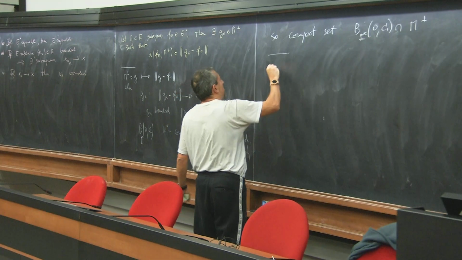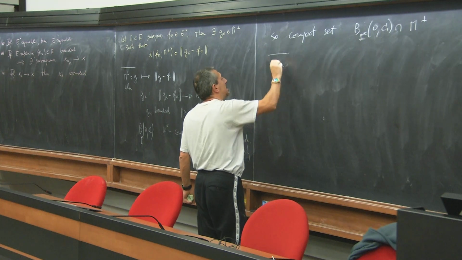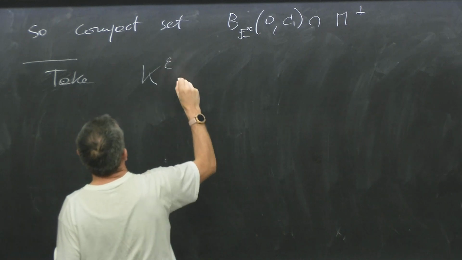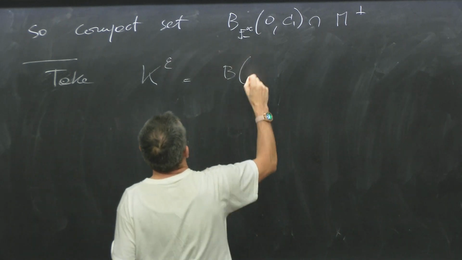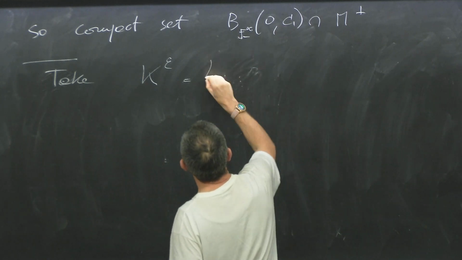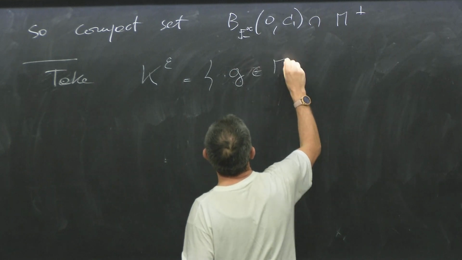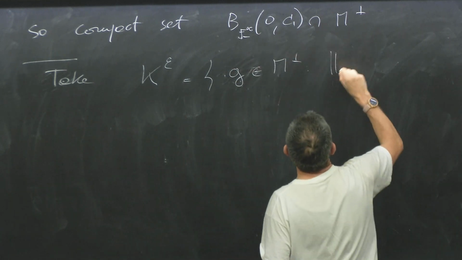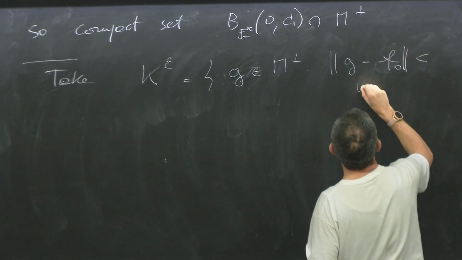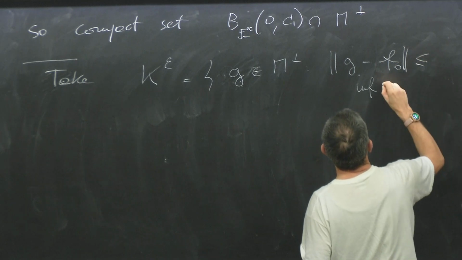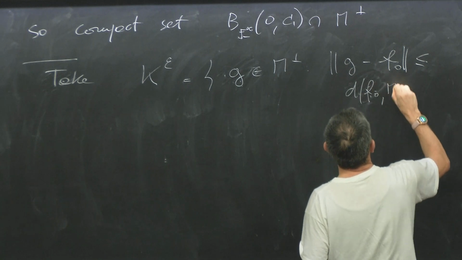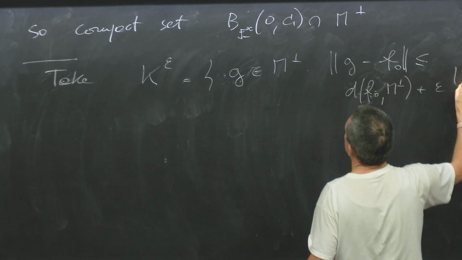So if G_n, take a compact set, let's say K_epsilon, which is equal to the G in M orthogonal such that the norm of G minus F0 is less or equal than the distance plus epsilon.